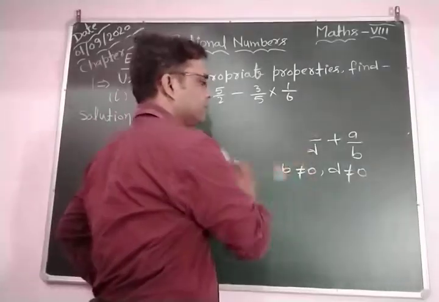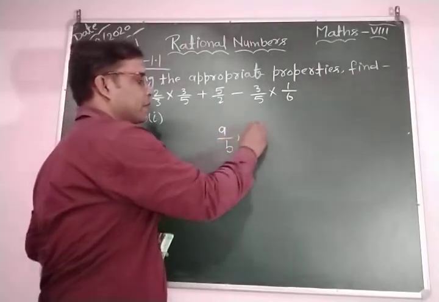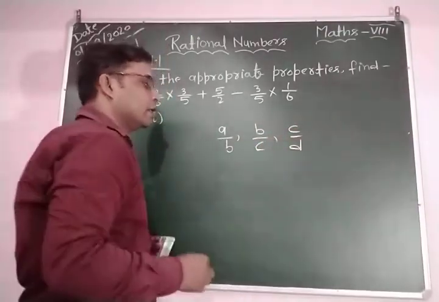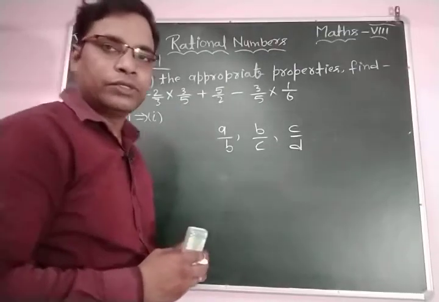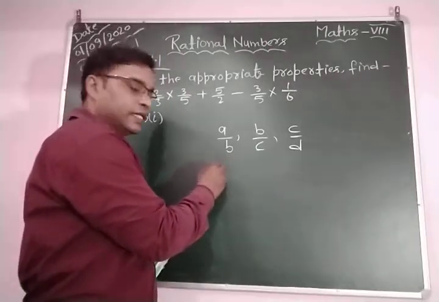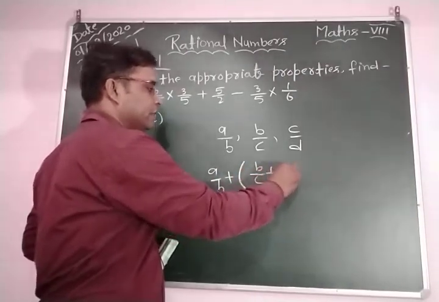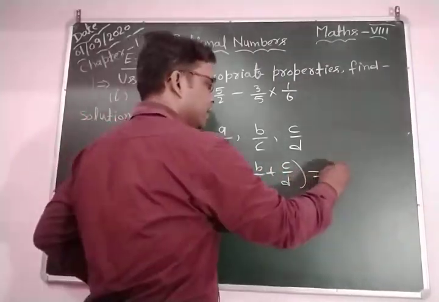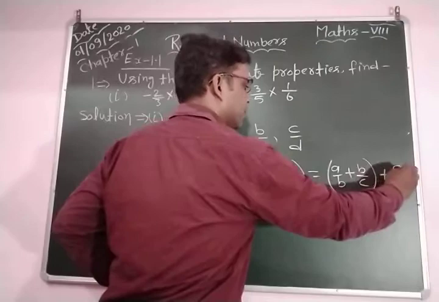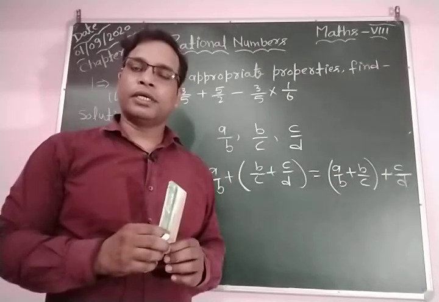If you take three rational numbers a by b, b by c, and c by d, where b, c and d are not equal to 0, then in the case of the associative property, you can write a by b plus b by c, plus c by d, equal to a by b plus b by c plus c by d. This is called the associative property of rational numbers.